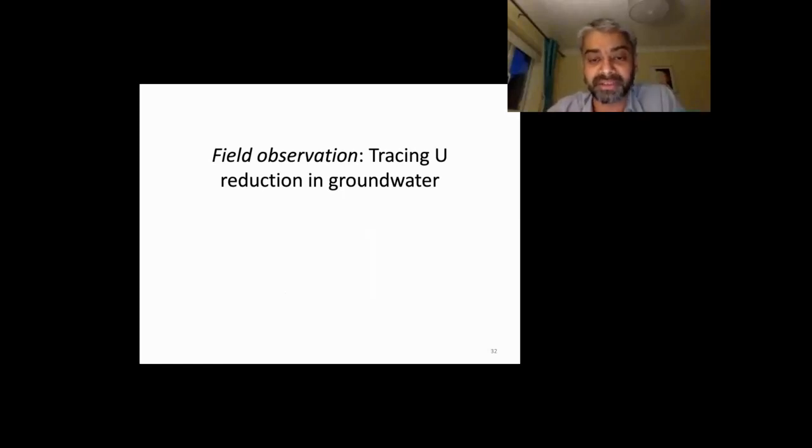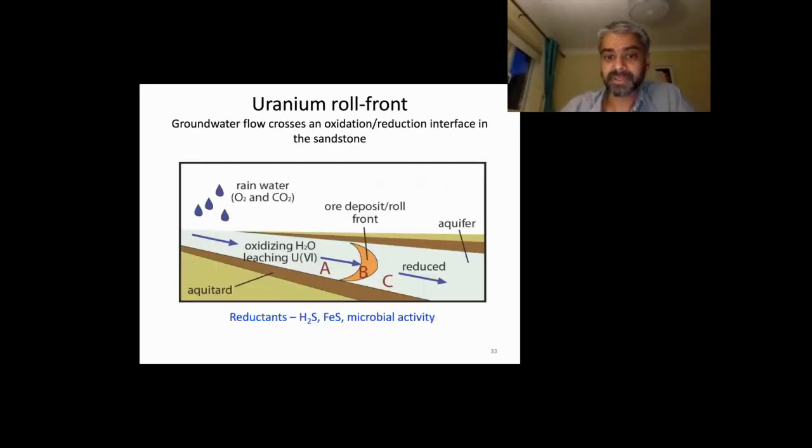So now with this background, let's look at how we can use this idea to trace uranium redox and mobility in groundwater systems. The best way to understand this is to look at places where we expect a lot of uranium. And uranium roll fronts are one of those places where redox naturally creates uranium ore deposits. This cartoon shows how it works.